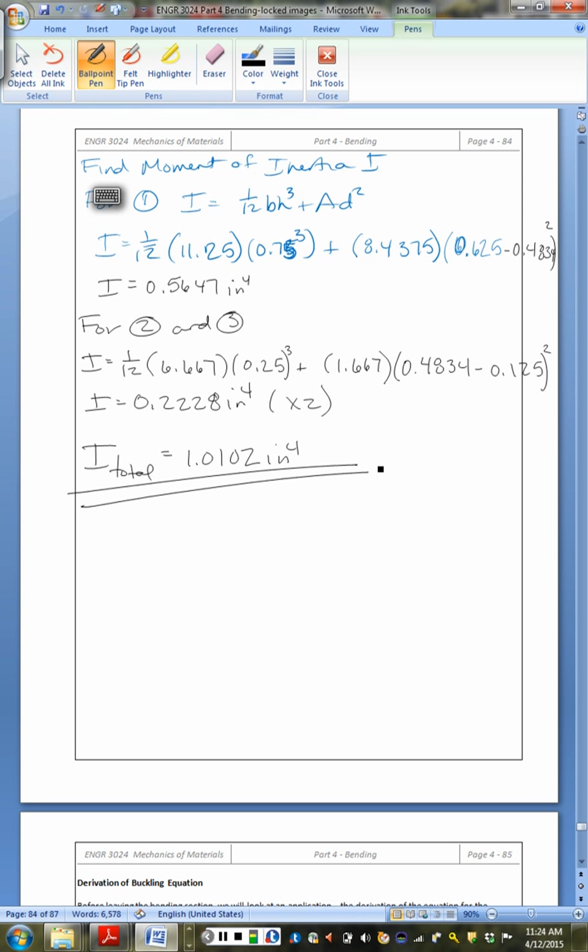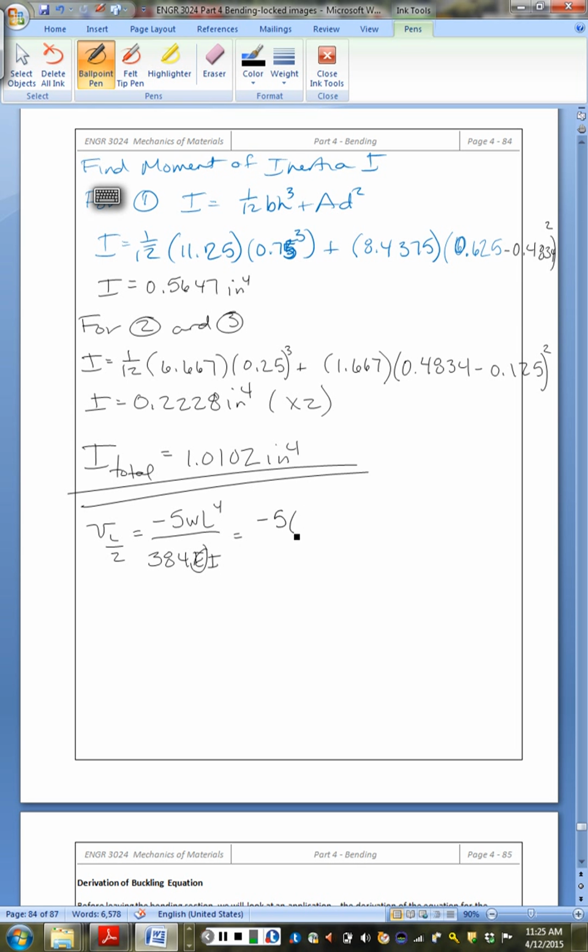Now that we've done all of that, we know that the deflection at mid-beam is the same equation, 5WL to the fourth over 384 EI. And because we've done this transformation to get geometry as if the whole section were in wood, we simply use the modulus of elasticity of wood in the calculation.